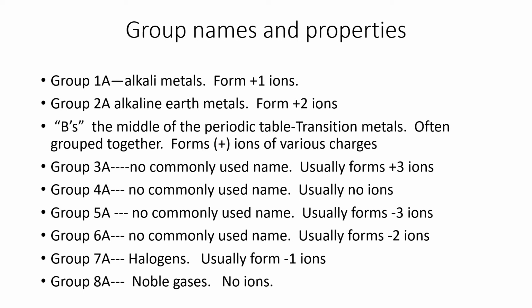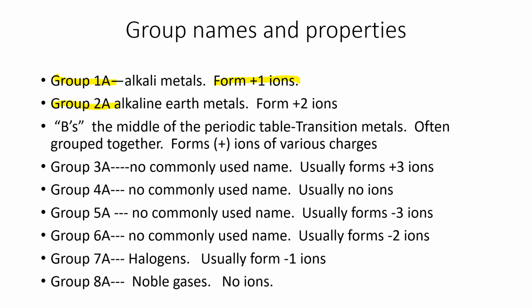Before we can get into nomenclature, we need to do a little bit of a review, not necessarily with the names of the specific groups, but the charges. We've seen this slide before, but here we have to focus on the charges. Group 1A, positive 1 ions.